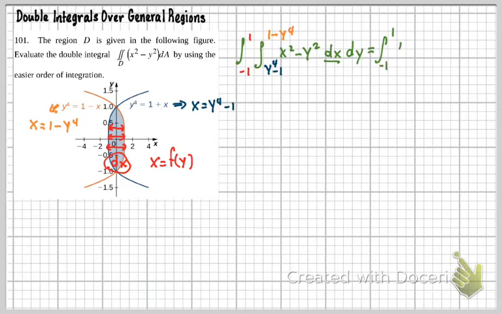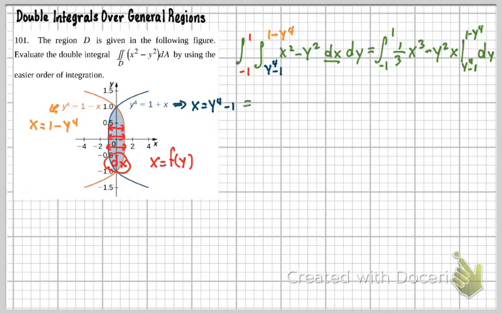And then for the first integral with respect to x, I'm going to get 1/3 x cubed. And then for the next one, I'm going to get y squared x. And that's going to run from y to the 4th minus 1 to 1 minus y to the 4th. And then dy.